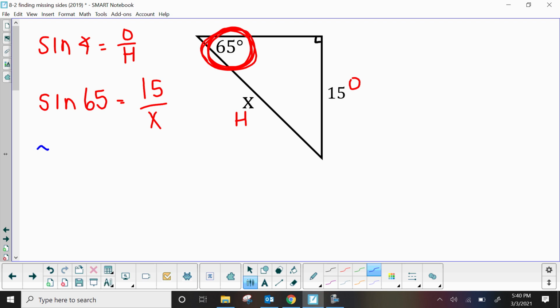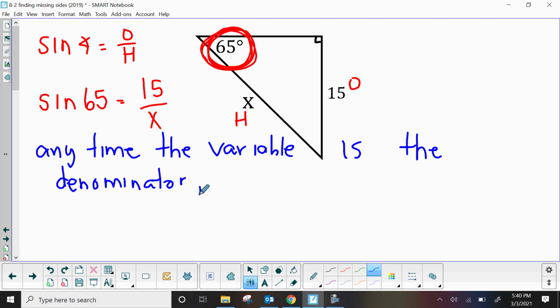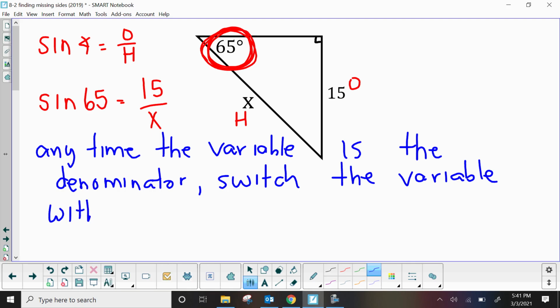Anytime the variable is the denominator, switch the variable with the trig.